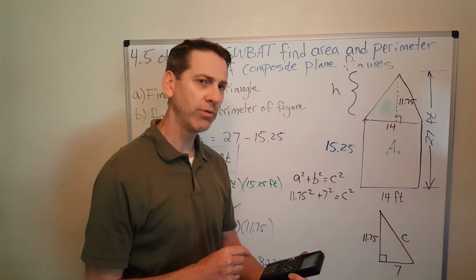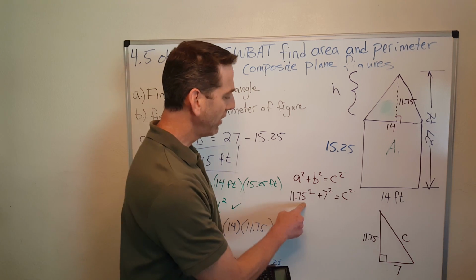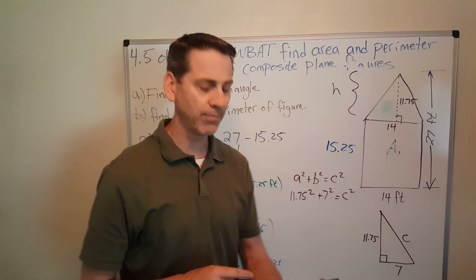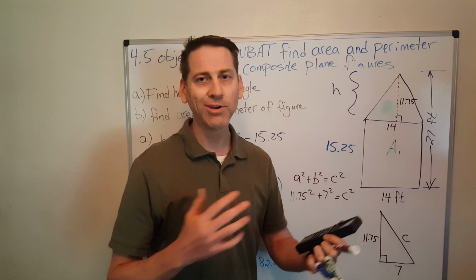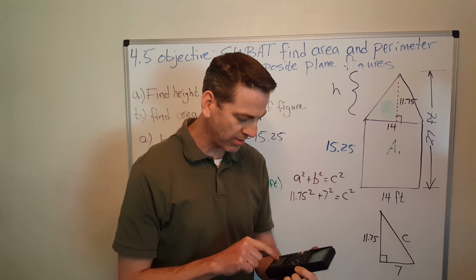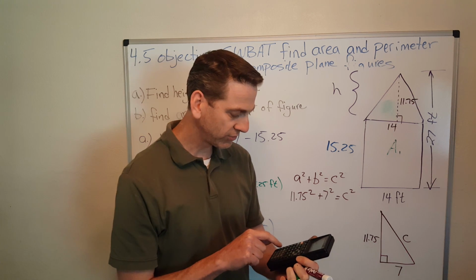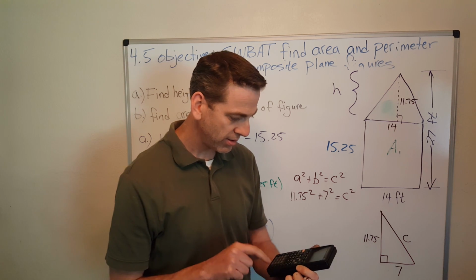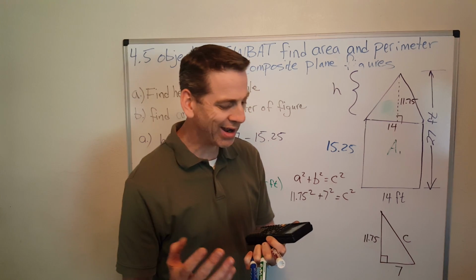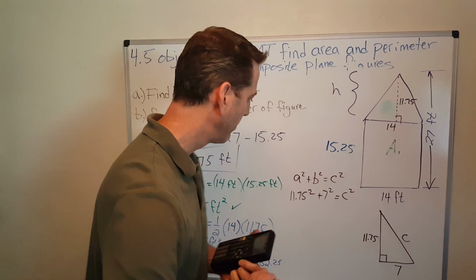All right, so I'm back with a calculator. So I'm going to go 11.75 to the second power. Okay, I could do that by hand, but I'm just going to save time. 11.75 squared is about 138.